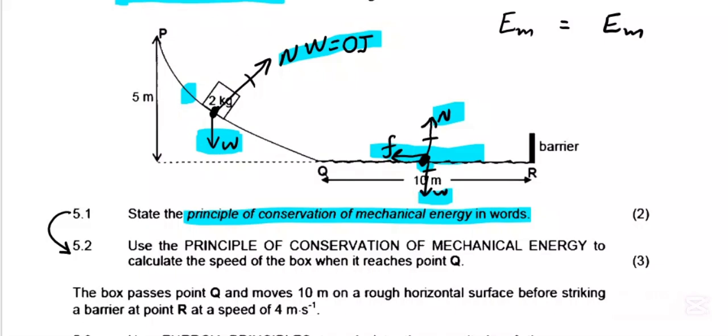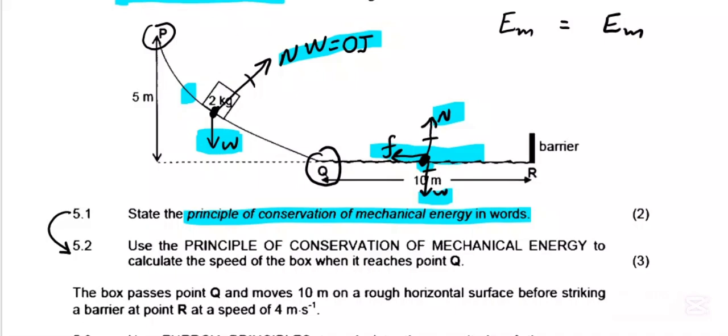So at this point, for example from P to Q, the mechanical energy is conserved here because there are no other forces other than the weight. There is no friction, there is no force applied, there is no tension here. It's only the weight that is there, which means on this track the principle of conservation can apply.